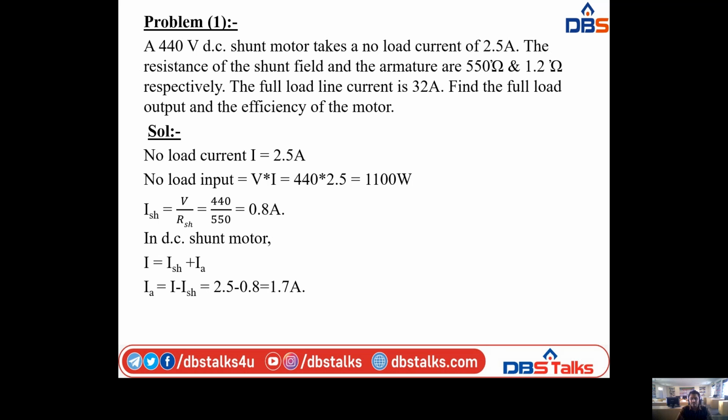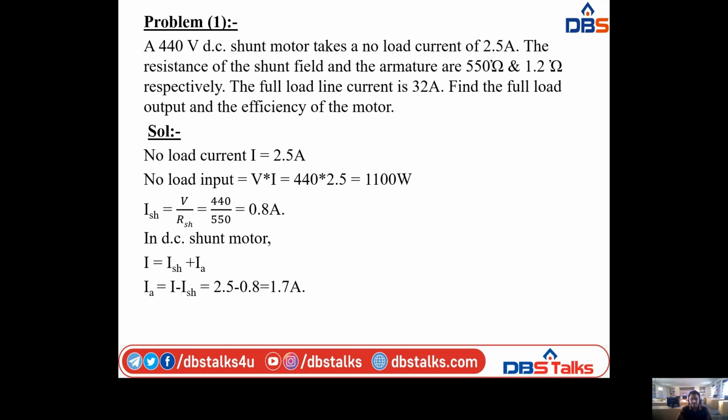The no load current is 2.5 amperes, substitute it in place of I: 2.5 minus ISH, that is 0.8 amperes. So totally we have the armature current, that is 1.7 amperes.